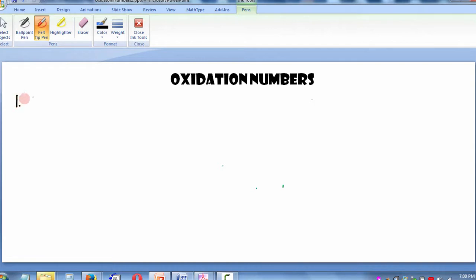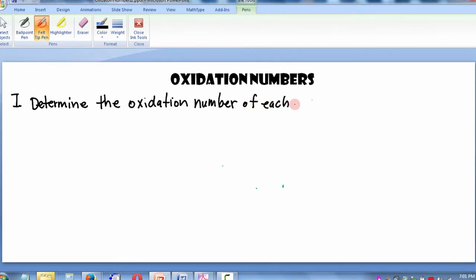You will determine the oxidation number of each atom in the polyatomic ion, compound, or molecule, or complex ion.